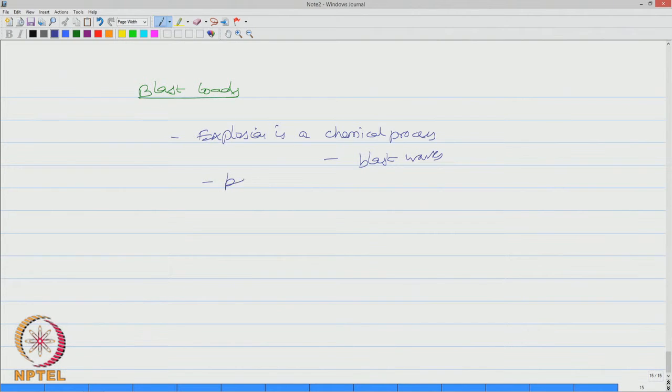It causes peak overpressure whose amplitude and duration may vary case to case.